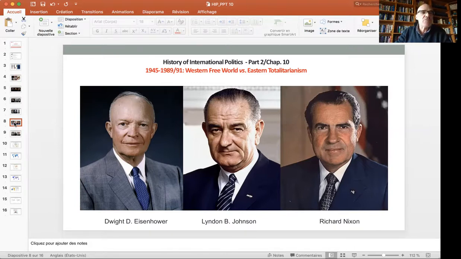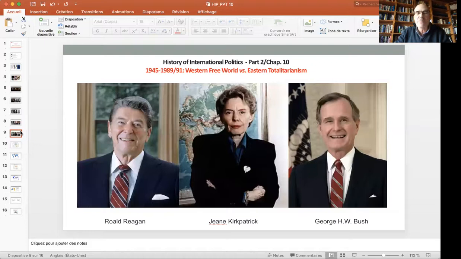The justification was put forward by Jeane Kirkpatrick, the American ambassador at the UN during Ronald Reagan's presidency. She distinguished autocratic from totalitarian regimes. Autocratic regimes were the lesser evil and therefore had to be supported in America's worldwide fight against communist totalitarianism.